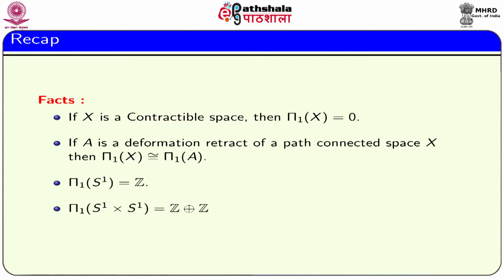If A is a deformation retract of a path connected space X, then the fundamental group of X is isomorphic to the fundamental group of the deformation retract A. The fundamental group of circle is the group of integers. The fundamental group of torus is the direct sum Z ⊕ Z.